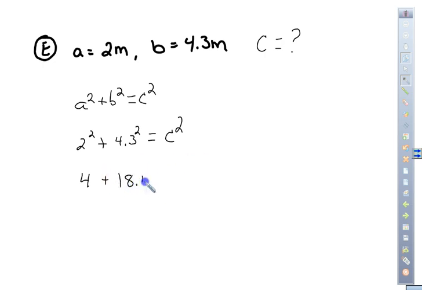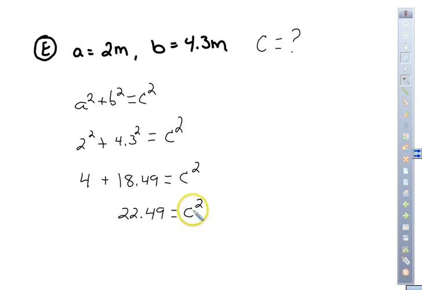Do not round your answer until the very end. Do not round any of these numbers. Now we're going to combine like terms since they're both on the same side of the equal sign. So we add 4 to 18.49, which is 22 49/100ths, which equals c squared.